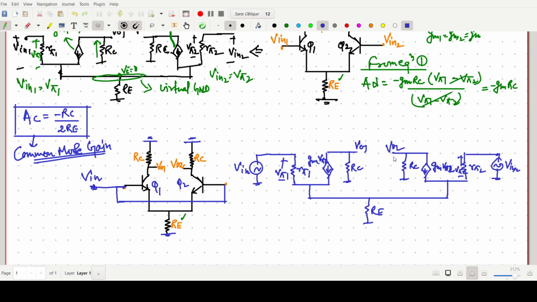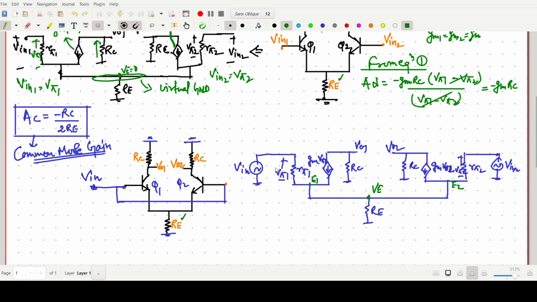Okay, now what we have to do? So what we can say, this V in and this potential, say VE, both emitter. This point is E1, E2. So I am saying this one is VE. So what we can write? V in.